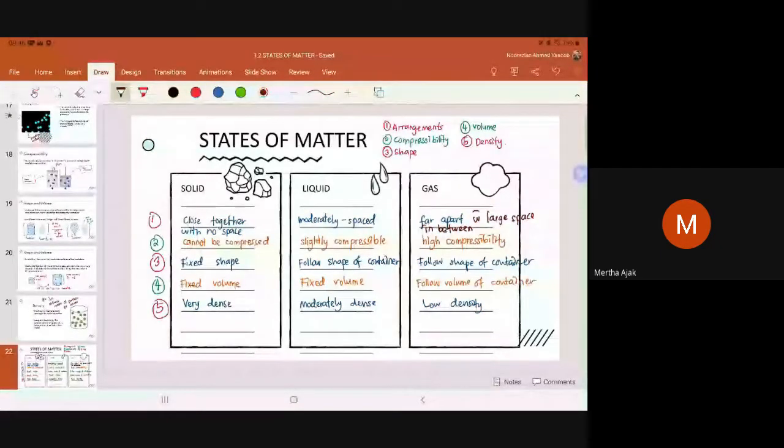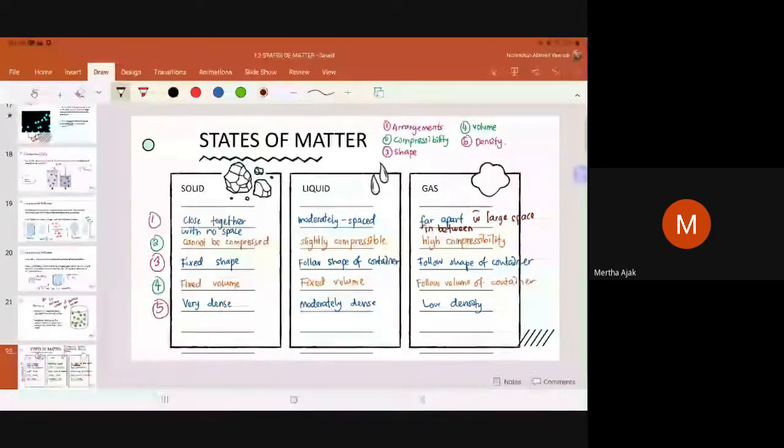Kalau dia suruh compare the arrangement of particle of solid, liquid dan gas, you have to state in terms of comparatively lah. So kalau kamu cakap solid has no space, whereas liquid has a bit of space compared to solid, and gas has the most space between the particles compared to solid and liquid. Macam tu. Kita kena cakap comparison.